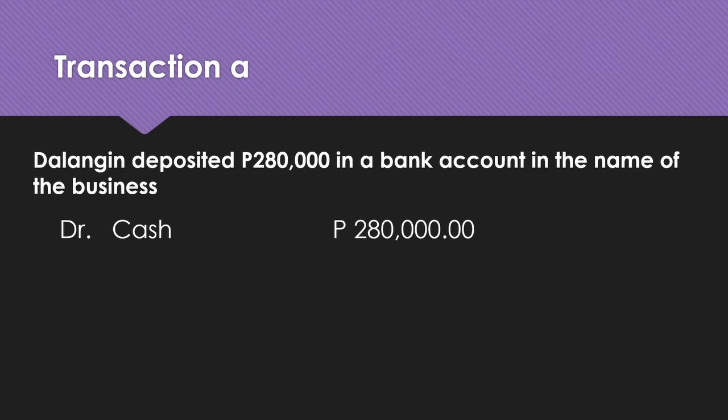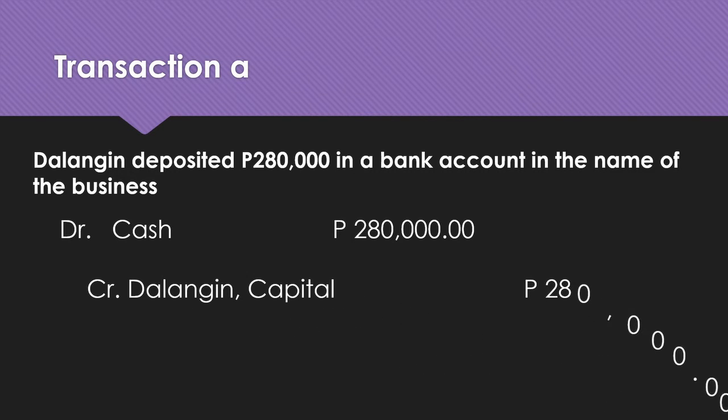And of course, alam nyo na ito, I have explained in some of my videos, when the owner deposited or invested in a business, so you credit the capital. So, meron tayong given account title, so we use the Dalangin Capital 280,000.